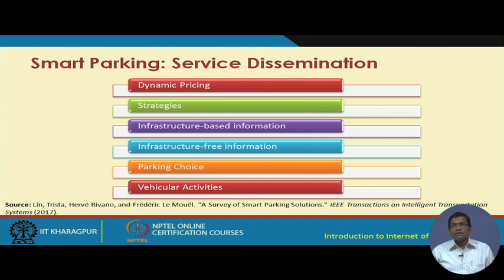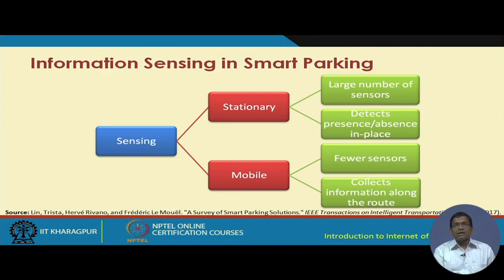Infrastructure free is what I just told you, with the help of sensors, ad hoc networks formed out of these different mobile devices of different users, etc. Then parking choice and vehicular activities, these all contribute to the building of services required for smart parking.